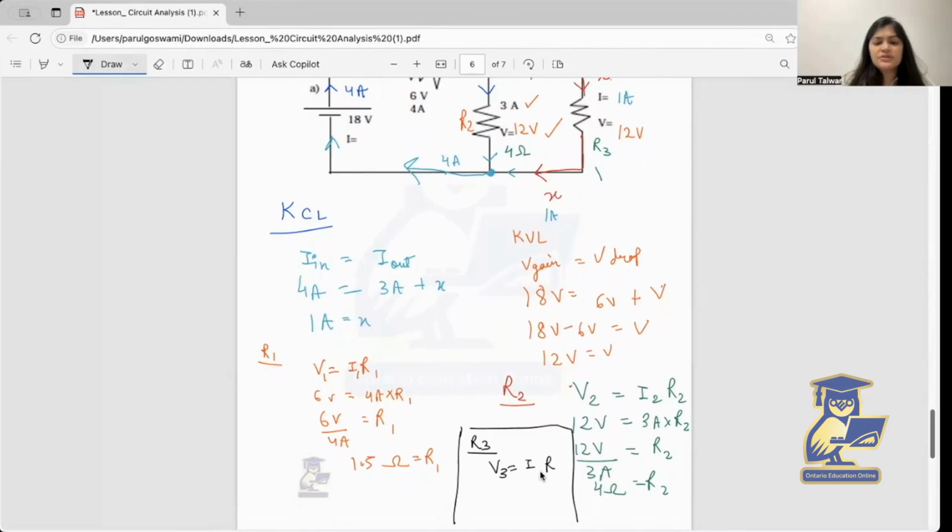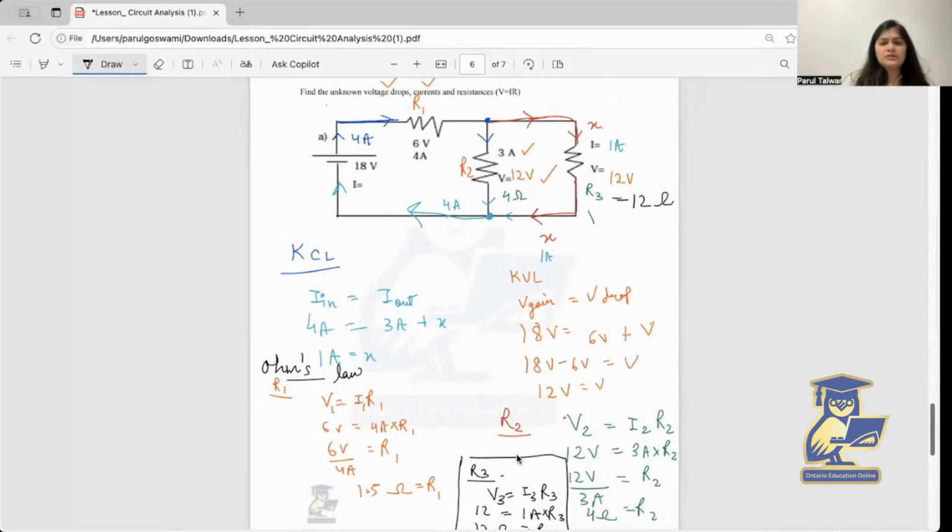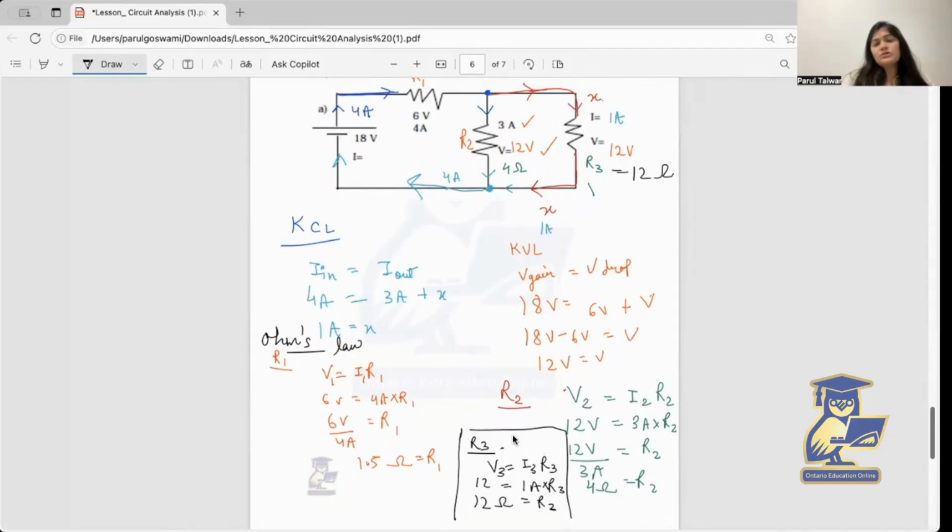Since it is resistor 3, we can write V3 equals I3 R3. V3, as you can see, is 12 volt again across this resistor. I3 is 1 ampere times R3. So R3 is going to be 12 divided by 1. So 12 ohm is R3. So we have determined R3 here, which is 12 ohm. You can see how we have used Ohm's law to determine R1, R2 and R3. This is how you are going to combine all the laws together to analyze the circuit.